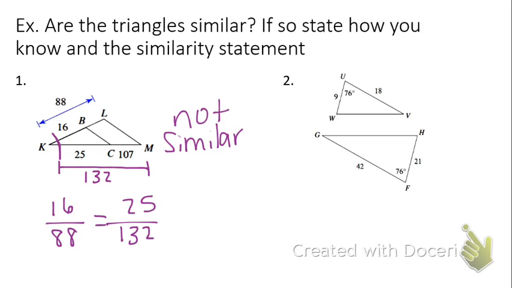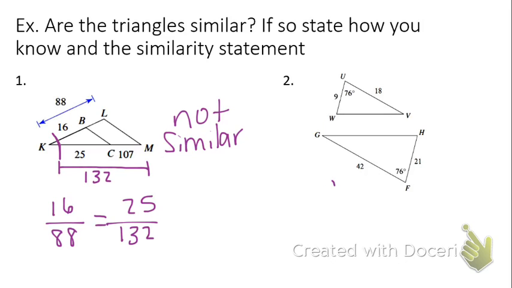So again, looking at number 2, if we look at our angles, we only know one set of congruent angles. So we can't assume angle, angle. And again, we only know 2 sides, so we don't know if it's side, side, side. So again, our only chance is side, angle, side. So we can set up our proportions. And again, you can set them up a bunch of different ways.